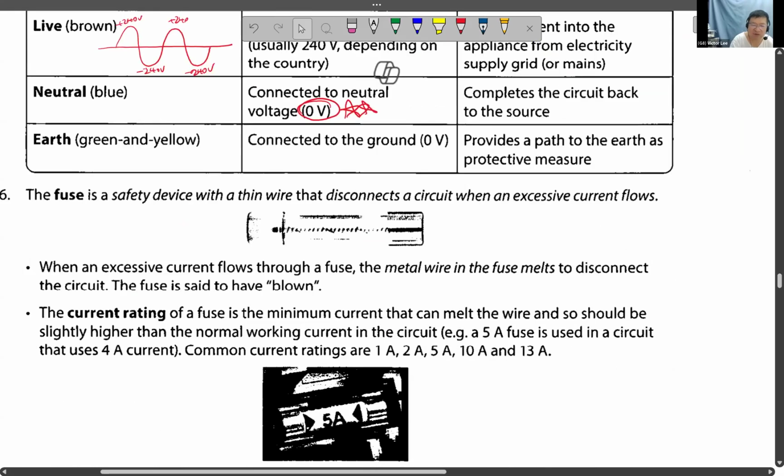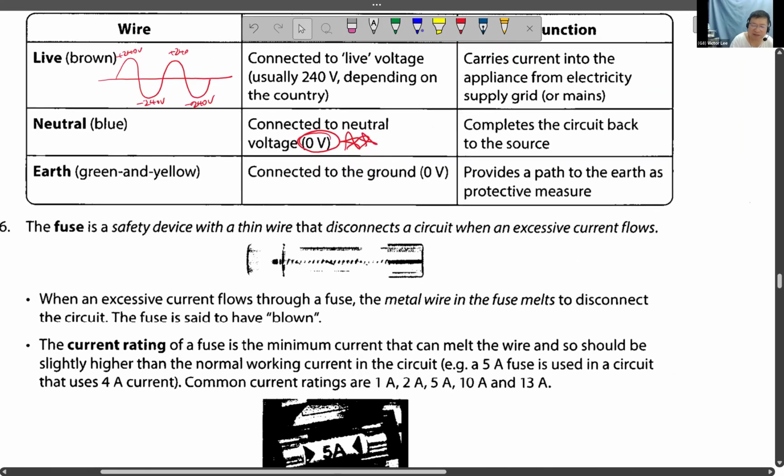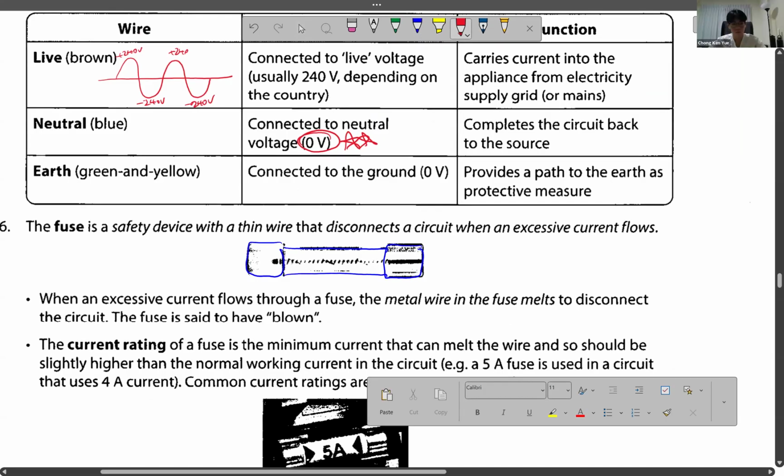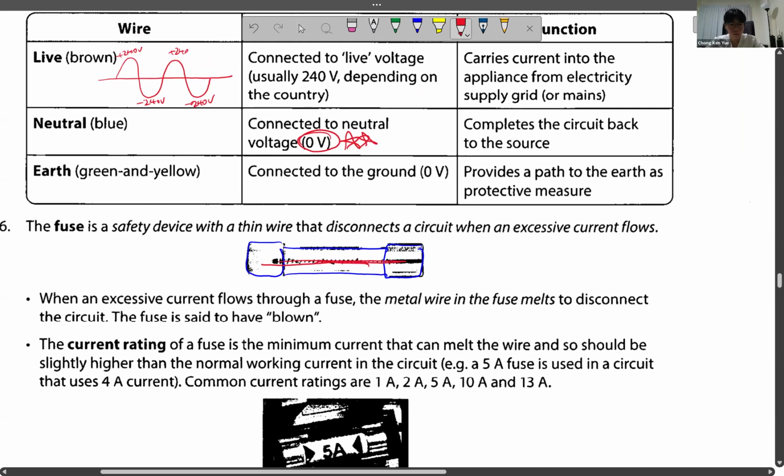I know it doesn't look very nice like a fuse. The fuse looks like this. There's a metal cap here, and a metal cap here. In the center, whether transparent or opaque depends, there is a wire. What does it mean?